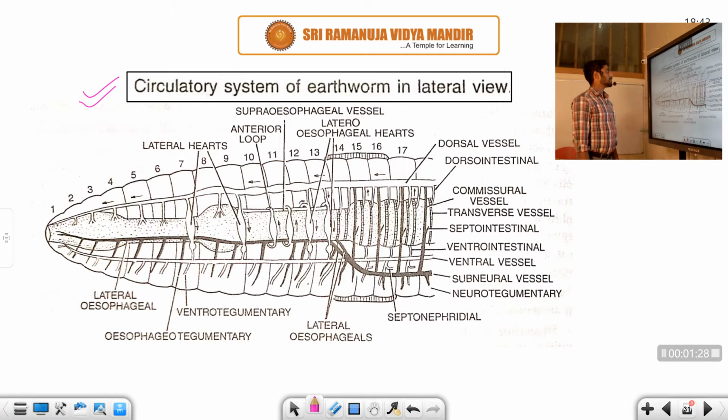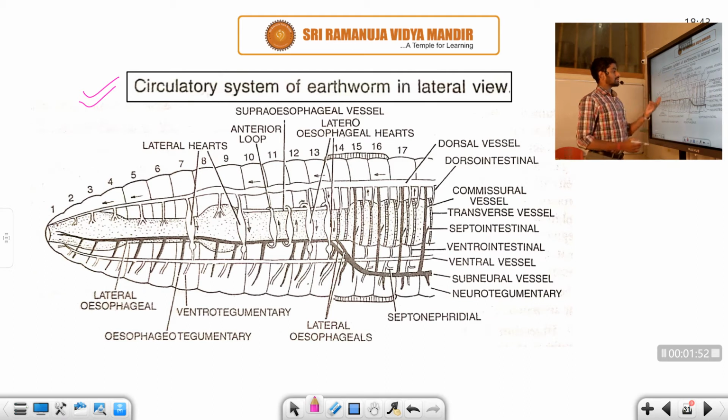You can see there are so many segments. In these segments, this is a very important point in the circulatory system of the earthworm. What is the main thing we have to identify? There are so many hearts, students, for example lateral hearts and lateroesophageal hearts.